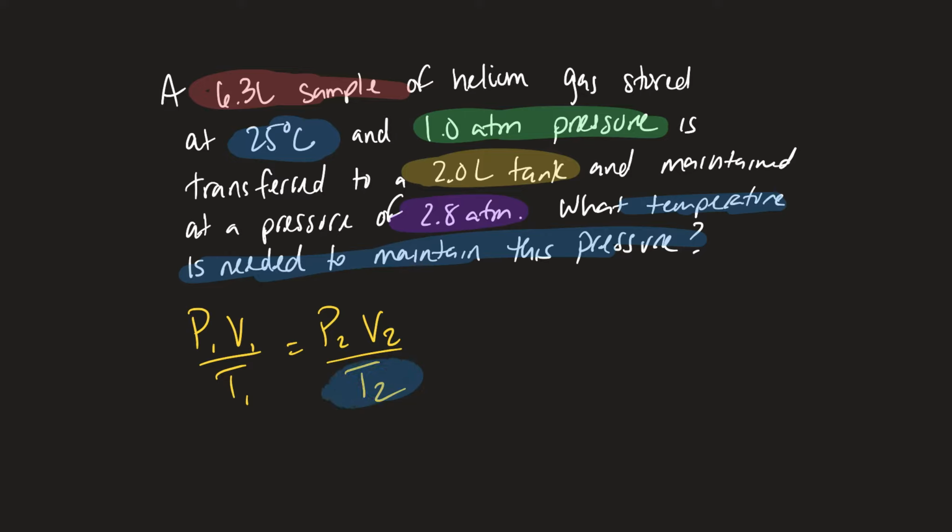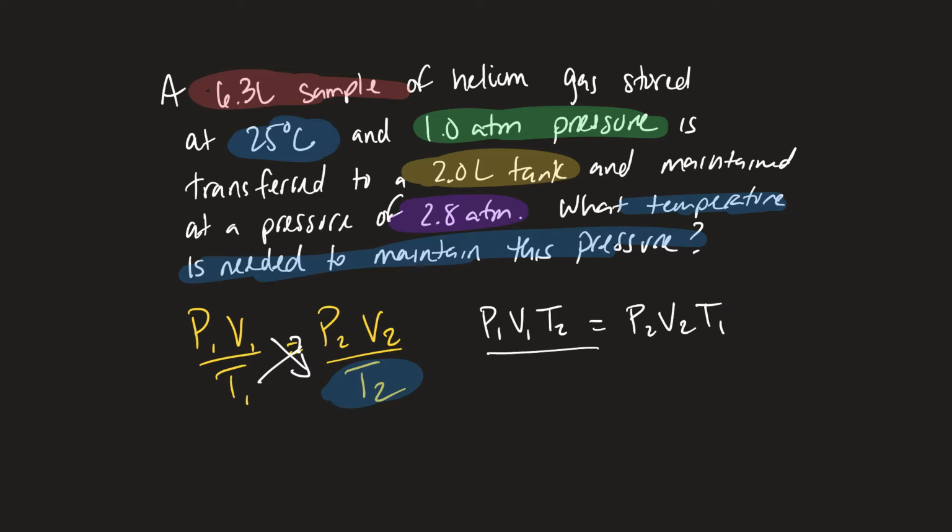All right, so what I'm going to do, and typically this is the way I tend to do things, I like to rearrange the equation, solve for T2 right then and there, and then go ahead and plug in the numbers. All right, so when we do this, at least with this type, you will end up cross multiplying. So you have P1 V1 times T2 equals P2 V2 times T1.